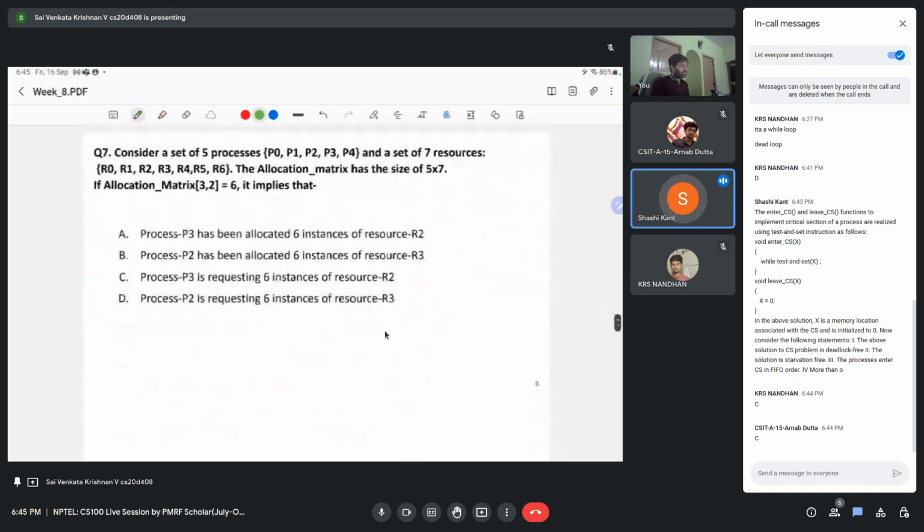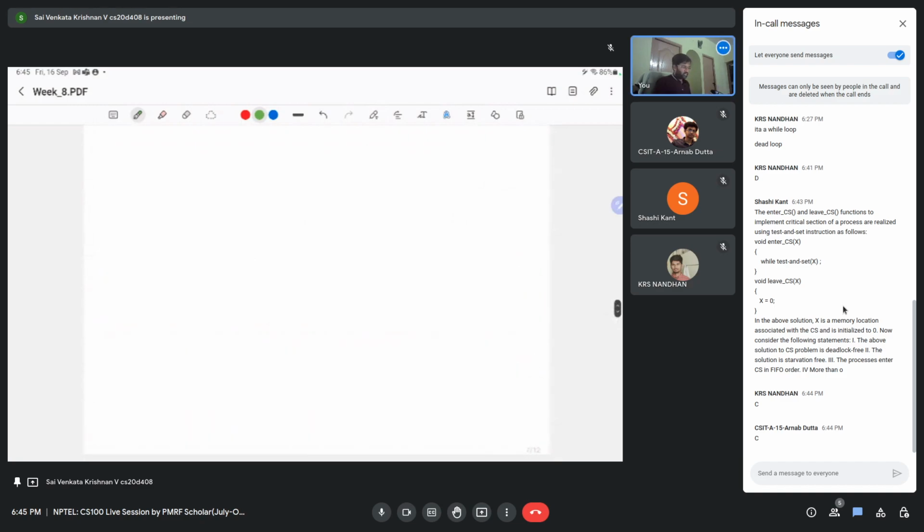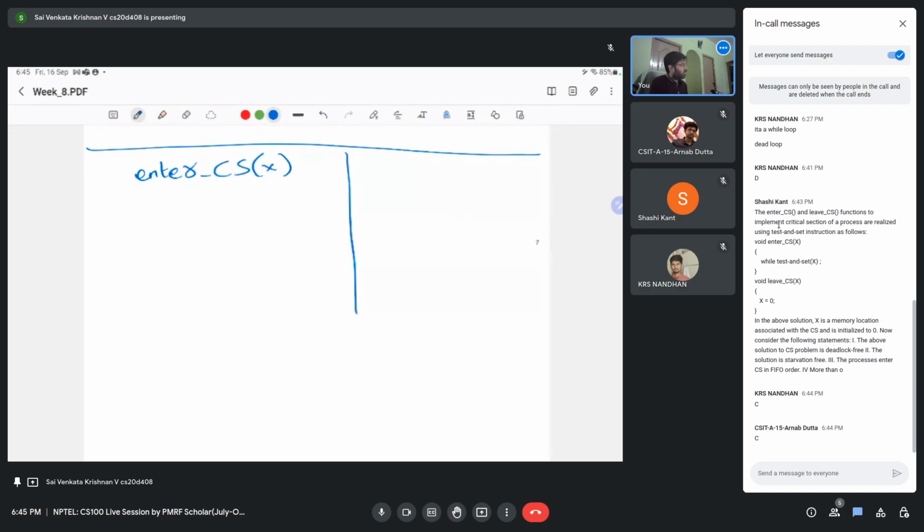I shared a question. The enter CS and leave CS functions to implement the critical section of a process are realized using the test and set instruction as follows. Let me just enter here. Enter CS(X) and leave CS(X).